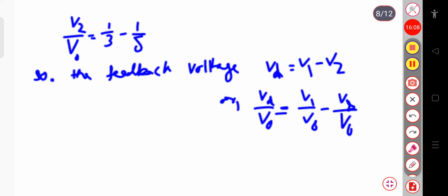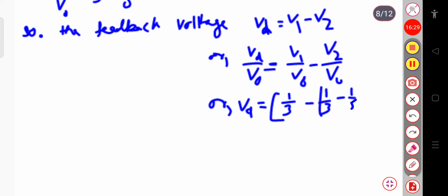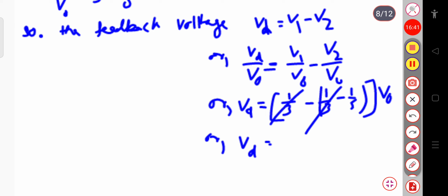Okay, now if I put the values here, Vd by V0 will be equal to 1 by 3 minus V2 by V0, which is minus 1 by 3 minus 1 by delta. Let me write like this, whole into V0 is present here, so V0 is taken to the right hand side, and Vd will be equal to, this 1 by 3 gets cancelled, minus minus plus, so this will be V0 divided by delta.